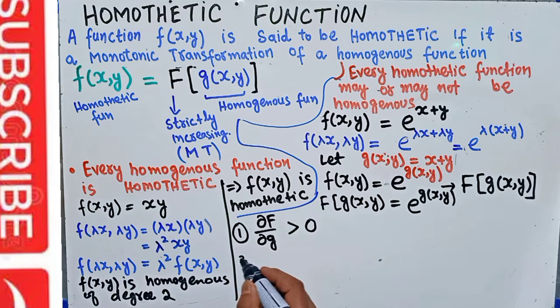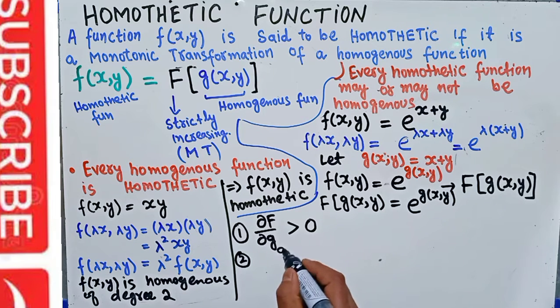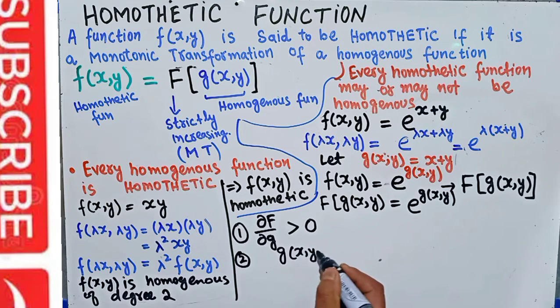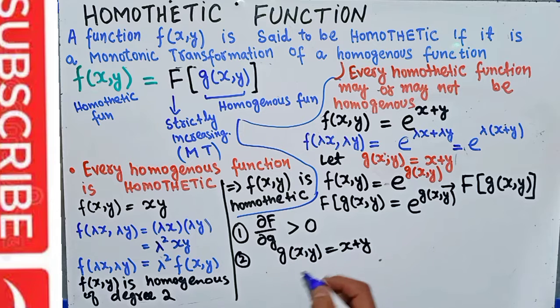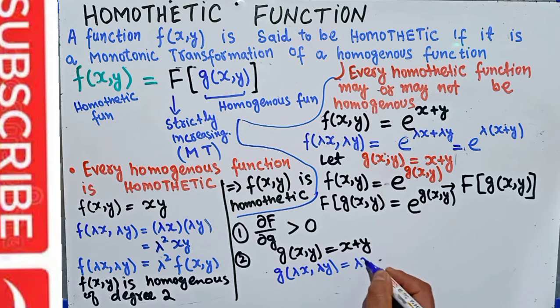The second thing is, is this g of xy homogeneous? Since g of xy is equal to x plus y, let us see. Increase x and y by some scalar: lambda x comma lambda y, which is equal to lambda x plus lambda y. Here we get lambda common, and we write x plus y, which is equal to lambda g of xy.